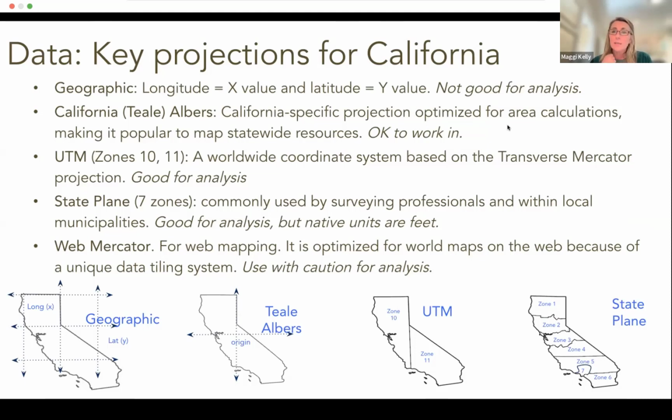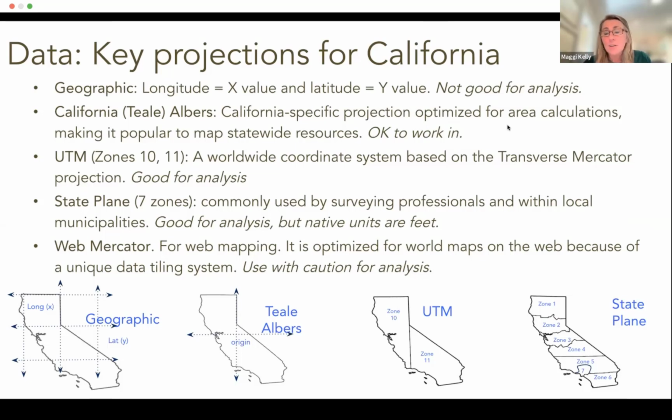There's also something called state plane. In the US, every state has its own projection system. It splits each state up into smaller zones. In California, we have 7 state plane zones. This projection system is typically used by surveying professionals and local municipalities because it's the most accurate, actually.